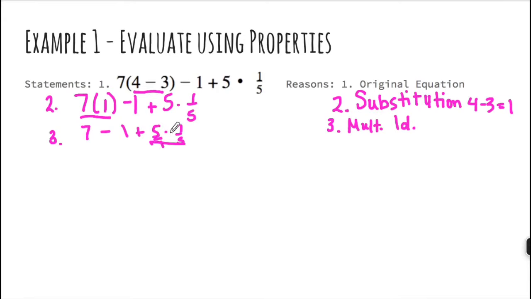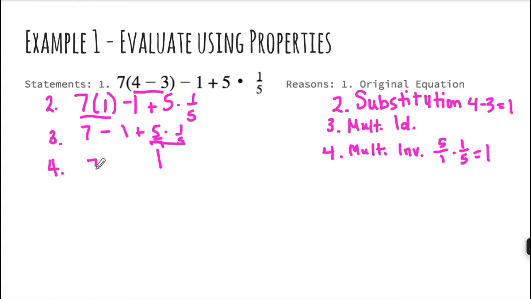And so whenever I multiply those together, that's another special identity because those are two reciprocals being multiplied by each other. So 5 over 1 times 1 over 5 will give me 1. So the reason for that is going to be my multiplicative inverse. So 5 over 1 times 1 over 5 equals 1.